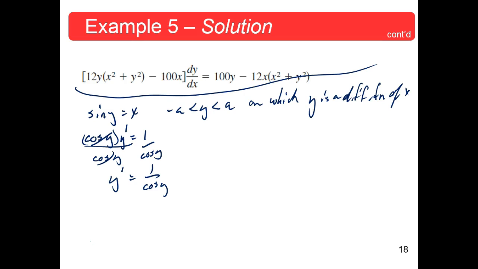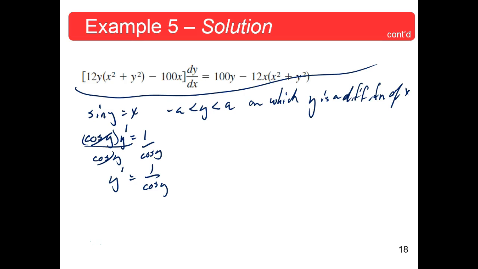Cosine 90. Yeah, cosine 90. 90 and 270. You're thinking in terms of degrees, which is okay. Normally in calculus, we think in terms of radians.